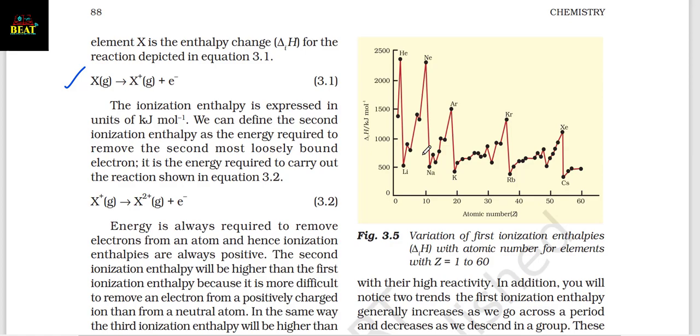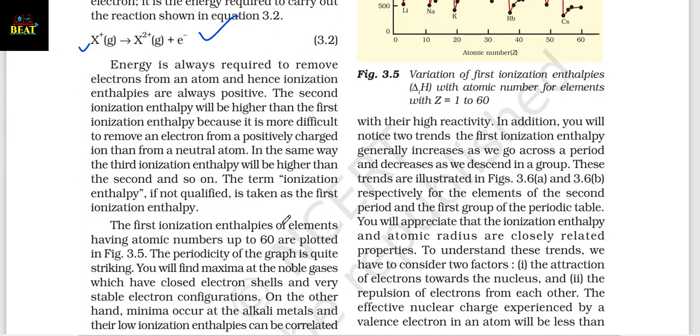We can define the second ionization enthalpy as the energy required to remove the second most loosely bound electron. It is the energy required to carry out the reaction shown in equation 3.2. It is X+ gives X2+ plus an electron. Energy is always required to remove an electron from an atom and hence ionization enthalpies are always positive.